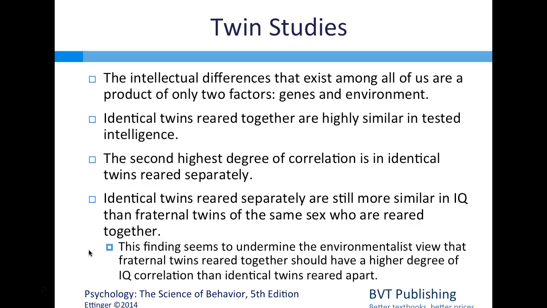The second highest degree of correlation is in identical twins reared separately. Identical twins reared separately are still more similar in IQ than fraternal twins of the same sex who are reared together. And this finding seems to undermine the environmentalist view that fraternal twins reared together should have a higher degree of IQ correlation than identical twins reared apart.